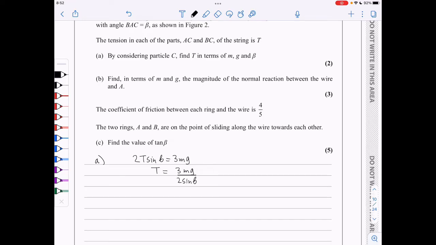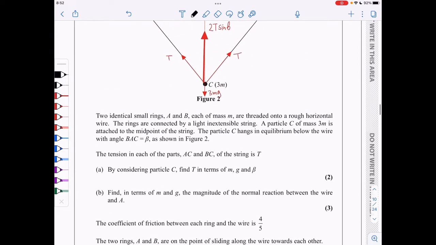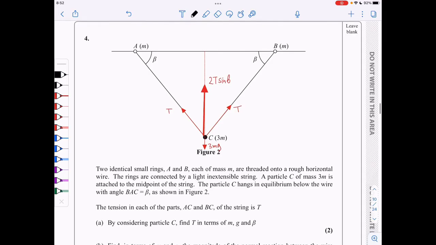In part B, we need to find, in terms of m and g, the magnitude of the normal reaction between the wire and A. So what I will do now is add the forces that act on A in order to see exactly what's happening. A is feeling its weight, it's feeling the tension here, and it's feeling a reaction that's pointing upwards.